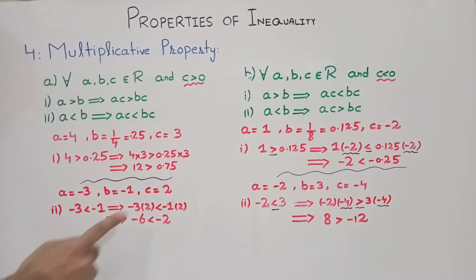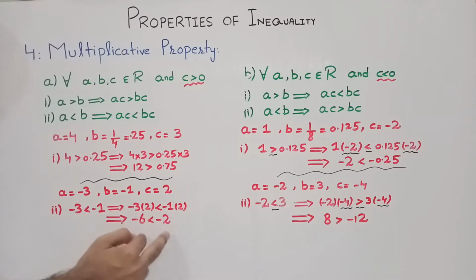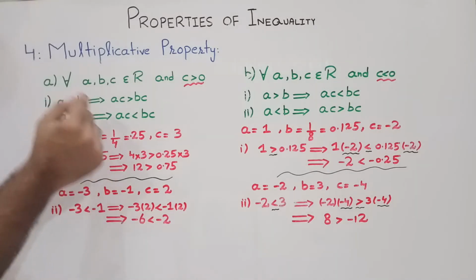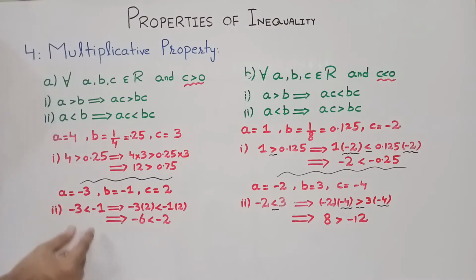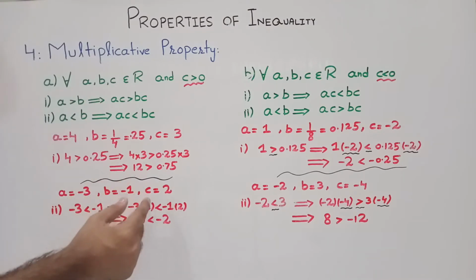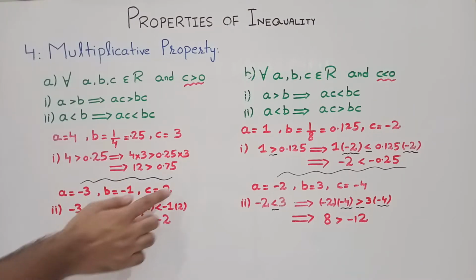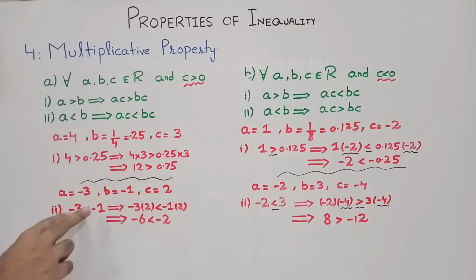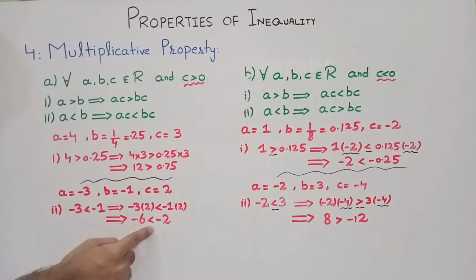And we know minus 6 is always less than minus 2. So this condition is also true, as we have seen that as a result of multiplication of a common positive number on both sides of the inequality, the inequality did not change its direction. So these are the two conditions of the first part.